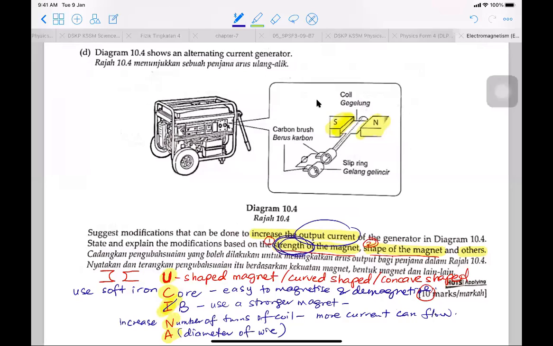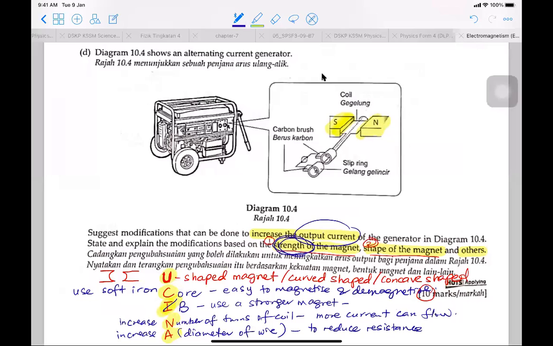Any answer? Increase, yeah. Increase the diameter of the wire. And the reason is because, right, to reduce resistance. To reduce resistance that causes what? Heat, right? Yes. Now you already get 10 marks.